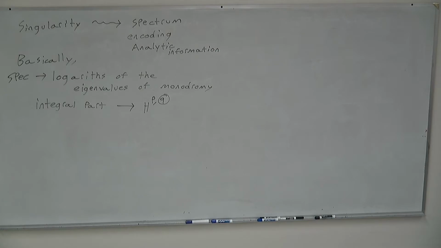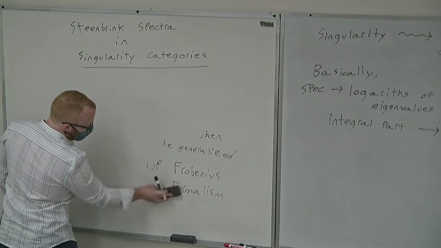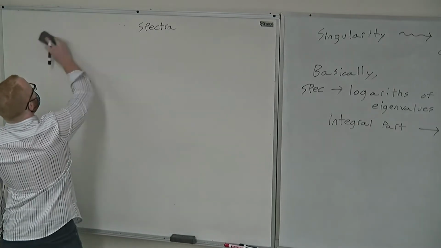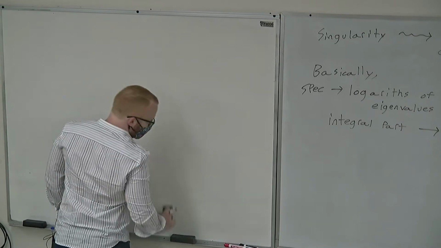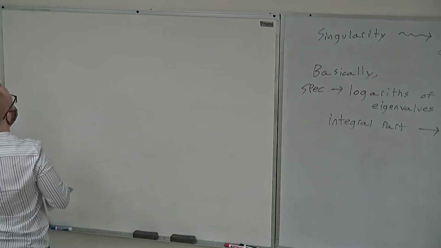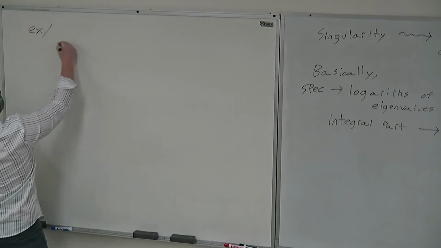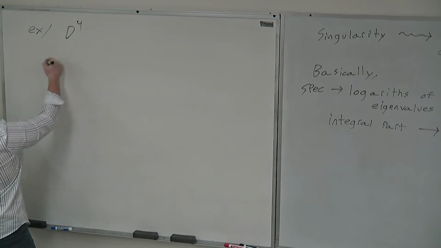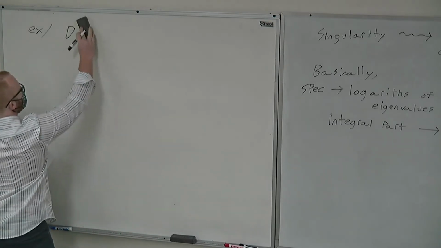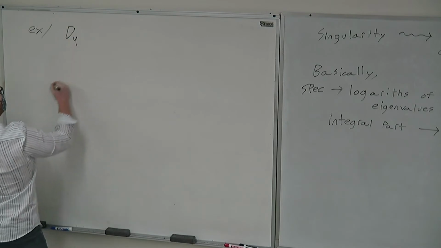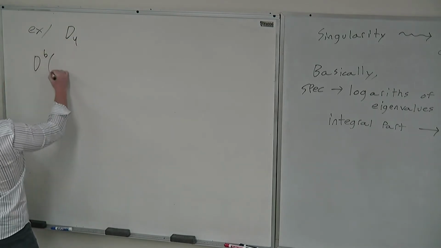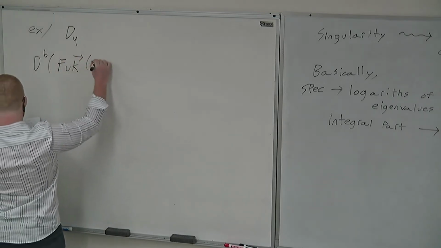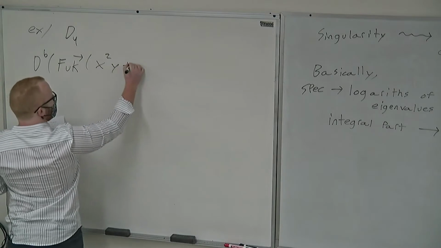So whenever we talk about these singularity categories, there's always a question of which one, right? There are 5 different ways of defining these things. In particular, I'm going to be going over an example of D4 and the ways I want to think about the singularity category for D4. I should probably put that in as a subscript. I'm going to be thinking about it as maybe the derived category of the directed Fukaya category of x squared minus y plus y cubed.